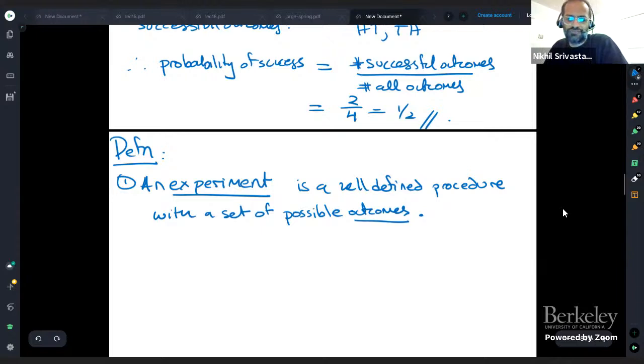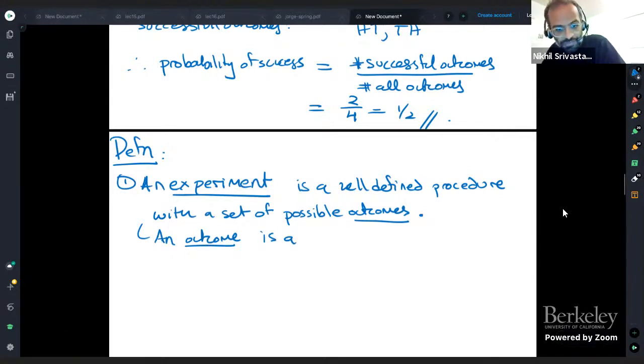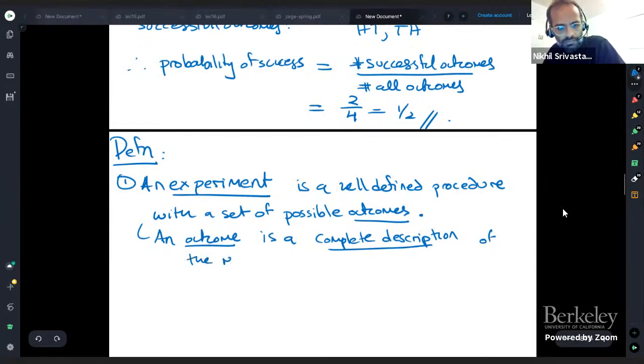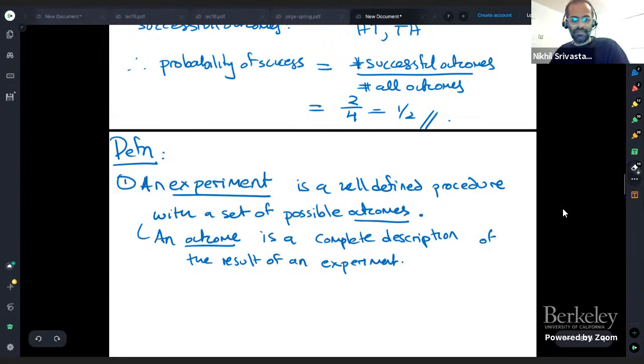And you could define it the other way: an outcome is a complete description of the result of an experiment. The thing being defined here is the word outcome, so I'll just underline that.